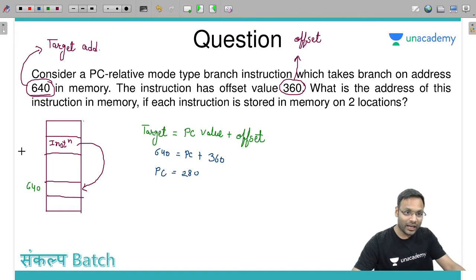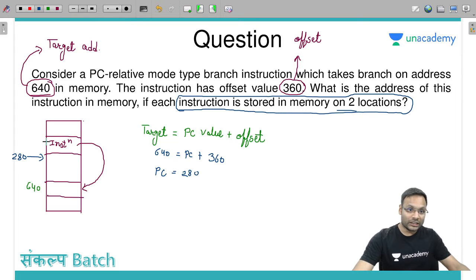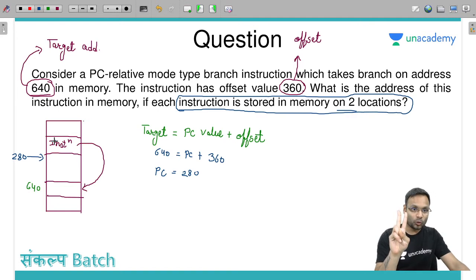So PC now holds the next instruction's address, 280, and that 280 is after incrementing by 2. Why by 2? Because each instruction is stored in the memory on two locations. So this particular instruction is stored on two locations.